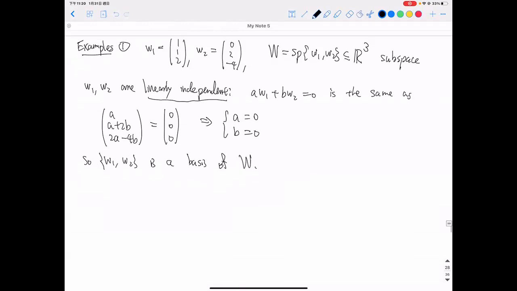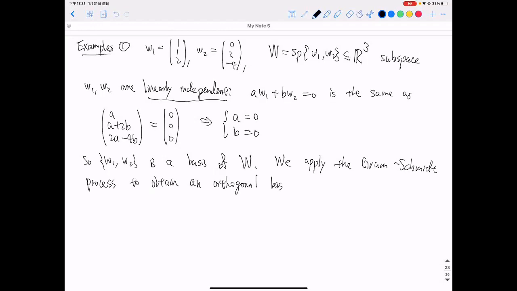And now we will apply the Gram-Schmidt process to obtain an orthogonal basis as follows. Okay.